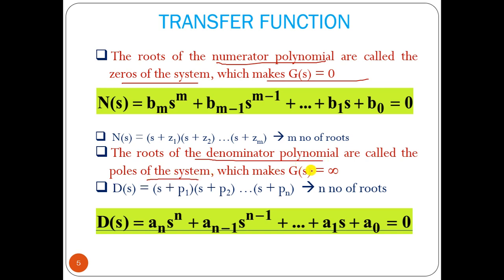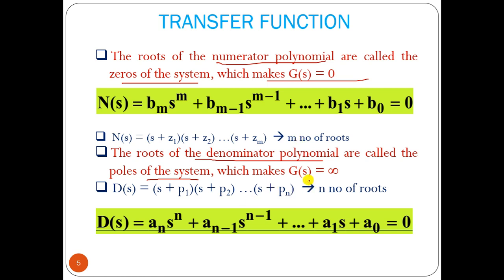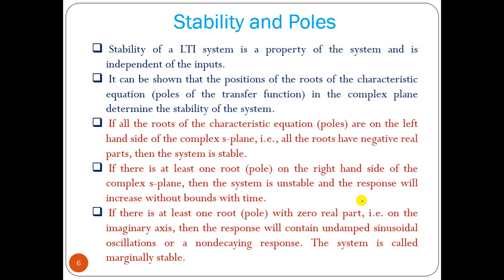That means if we put the pole value in the transfer function, your system output becomes infinity. That's why the value of poles makes the transfer function go to infinity, and poles are the main factor for stability of the system.